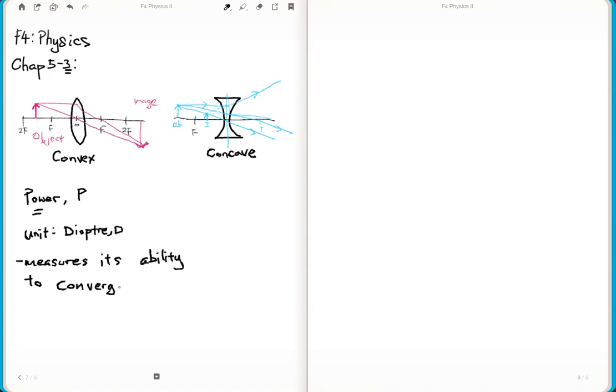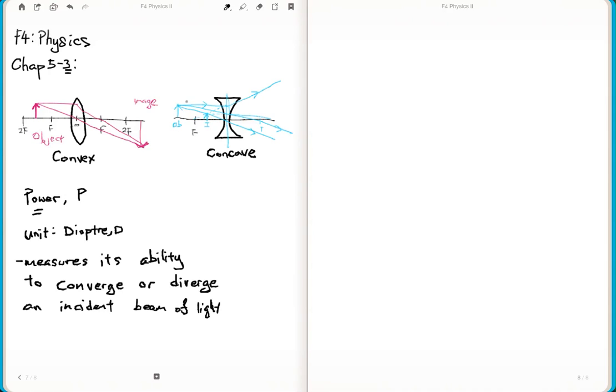It is better to learn this term. Or for concave, diverge. Converge or diverge an incident beam of light.